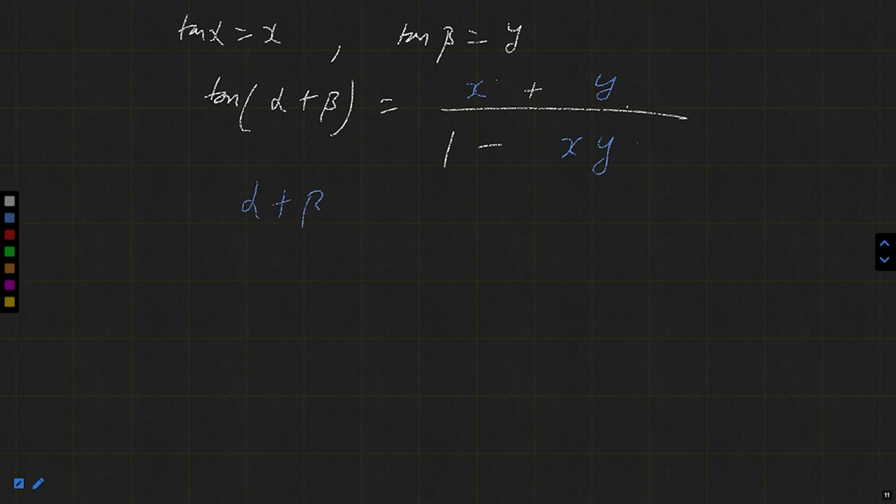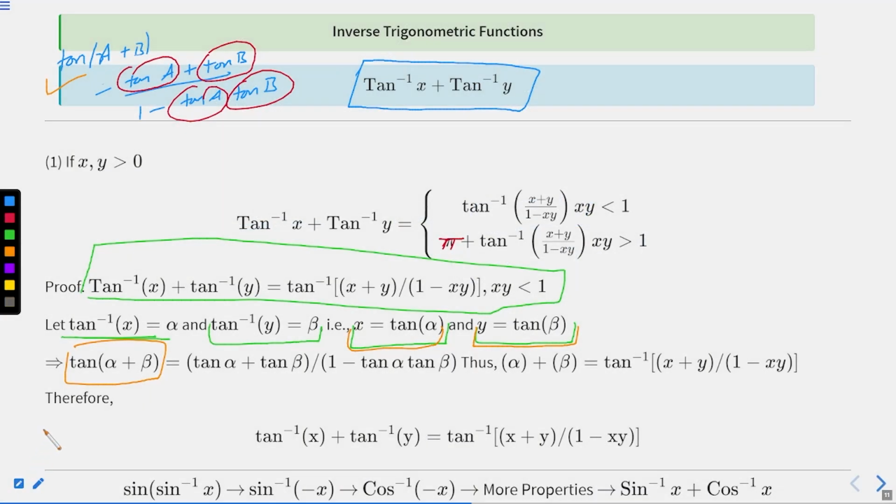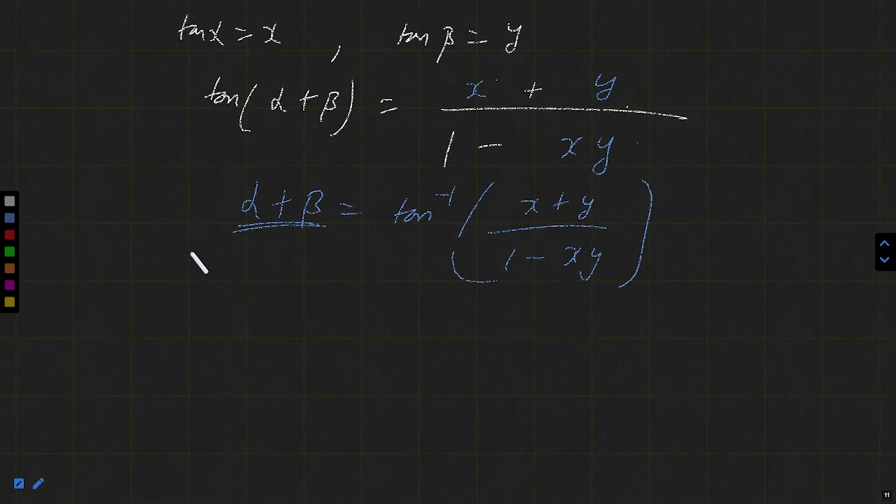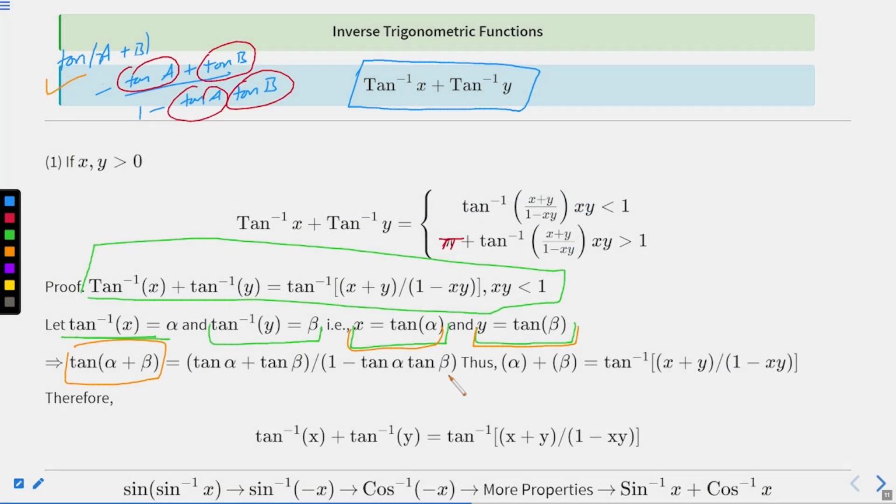From this, alpha plus beta is equal to tan inverse of (x plus y) divided by (1 minus xy). And we know alpha is equal to tan inverse x and beta is equal to tan inverse y. As you can see, we proved it. This was the thing we needed to show, and we showed it.